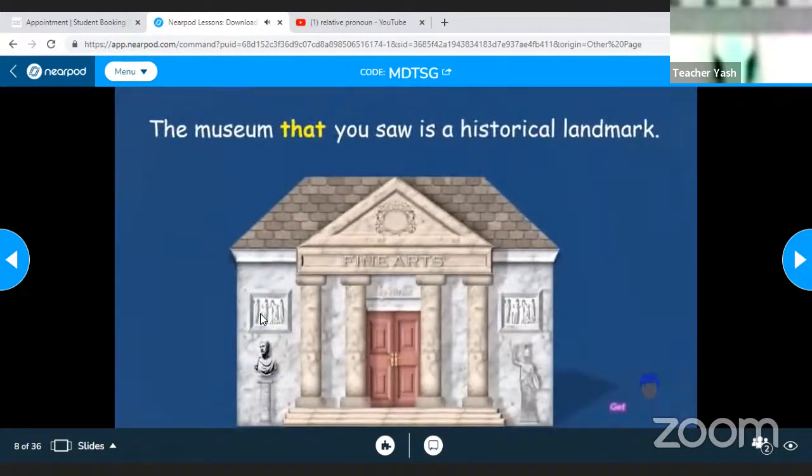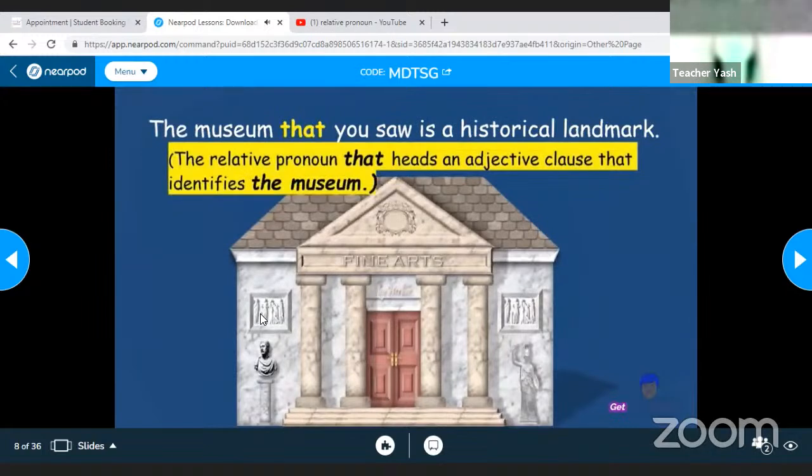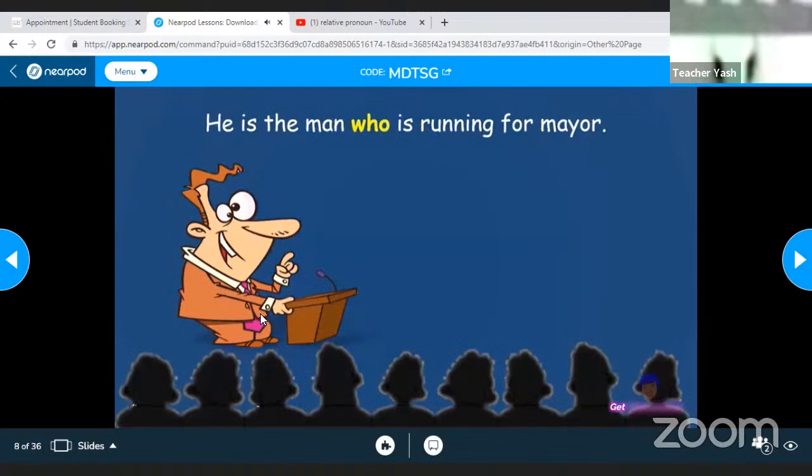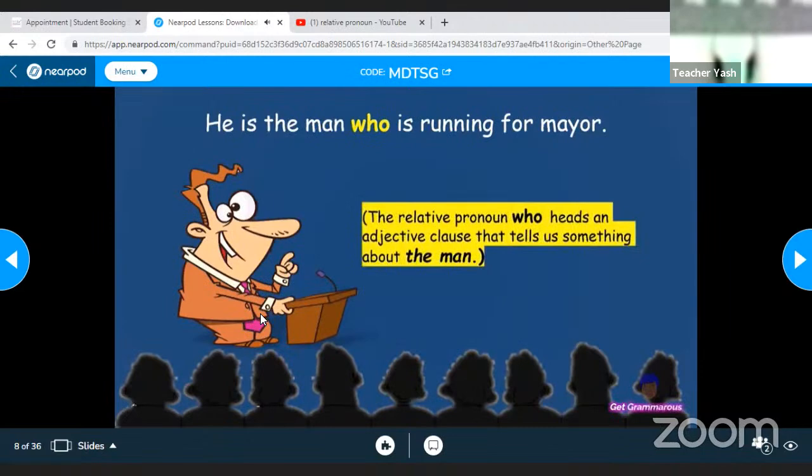For example, the museum that you saw is a historical landmark. The relative pronoun that heads an adjective clause that identifies the museum. Another example. He is the man who is running for mayor. The relative pronoun who heads an adjective clause that tells us something about the man.